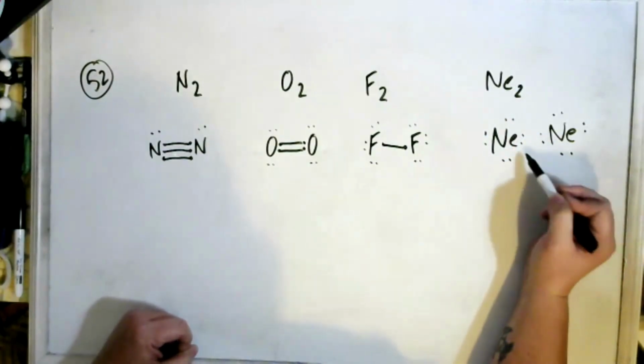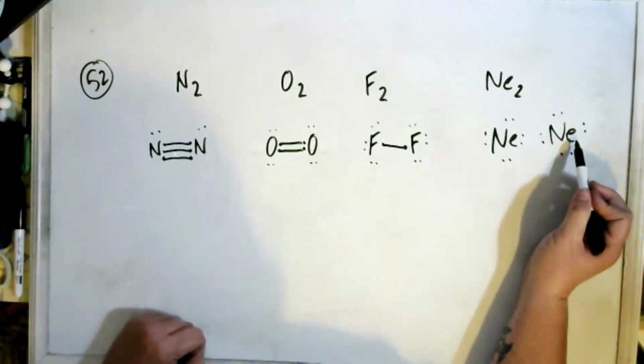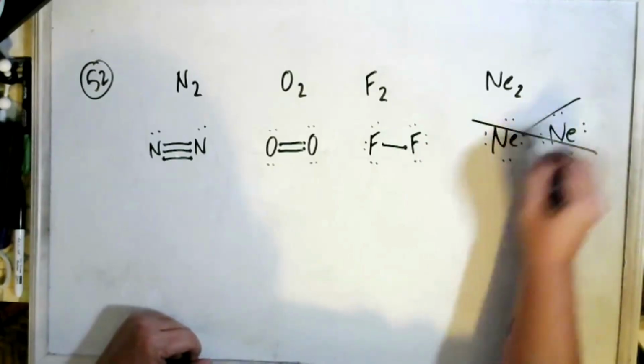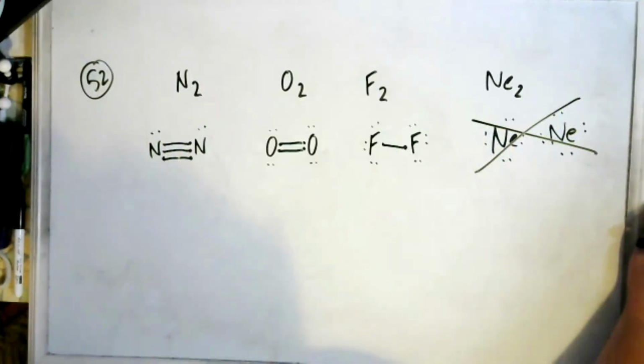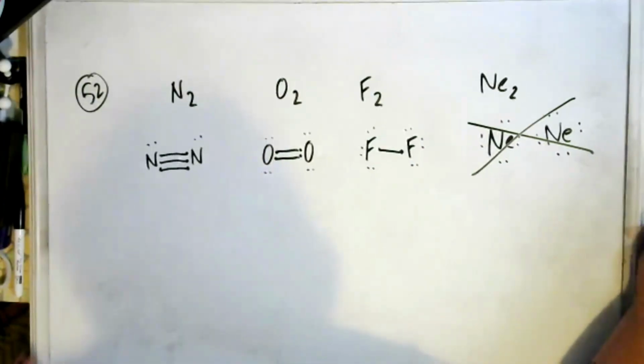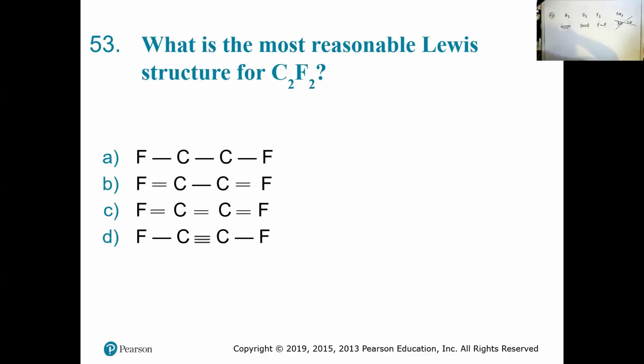So neon doesn't want to share electrons with another neon. It's already got a perfectly full valence. So that's going to be our formula that doesn't really make sense. That wouldn't happen because neon doesn't need to share any electrons. All right, let's look at the next question. Part of this one is visual, so we want to take a look at the structures that they're giving us.